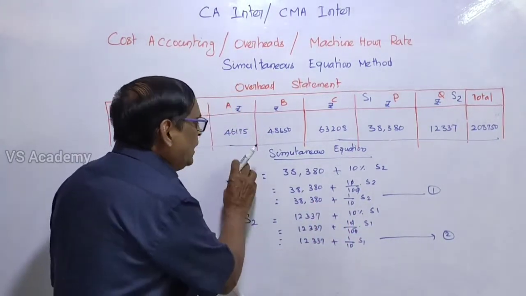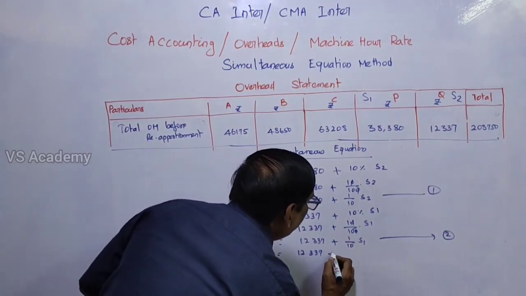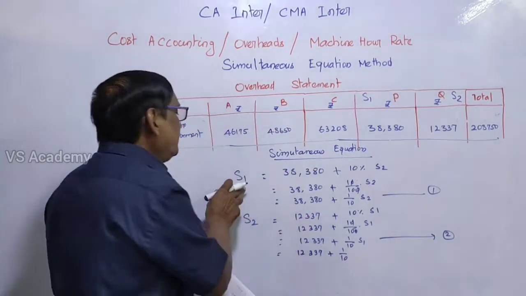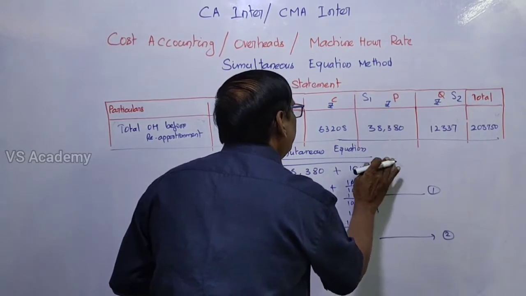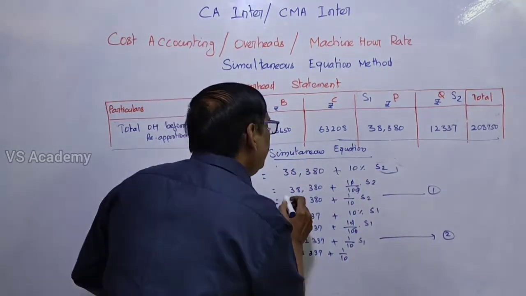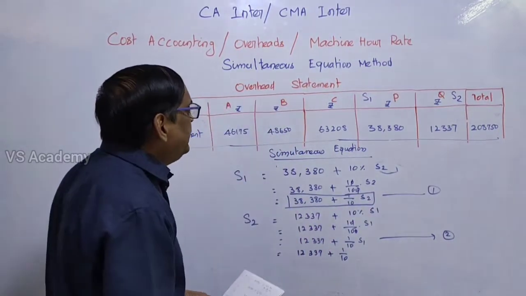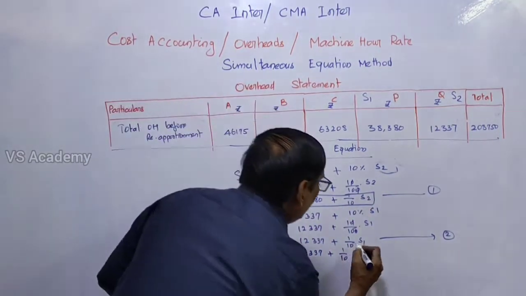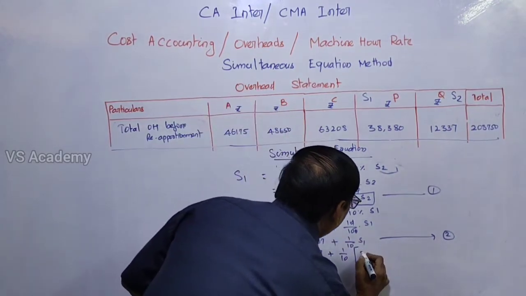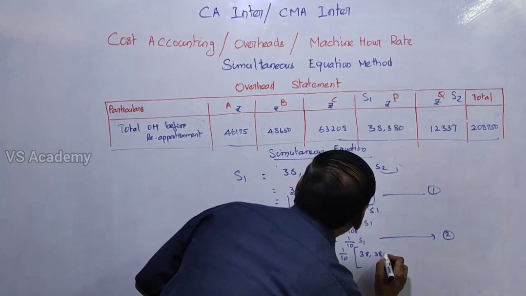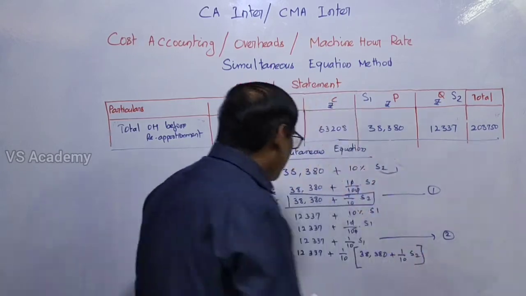So we can substitute the value of S1 here. 12,337 plus 1 by 10, what is the value of S1? This is the value, 38,380 plus 1 by 10 S2. So within the bracket, instead of S1 we can write this amount, 38,380 plus 1 by 10 S2. Understand?